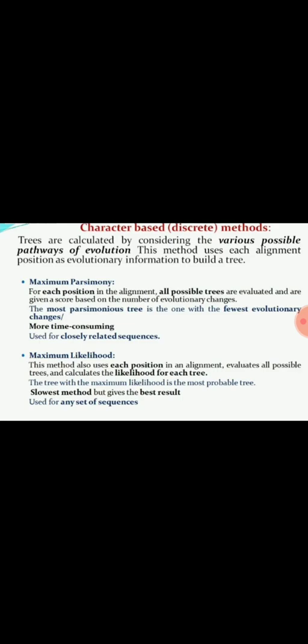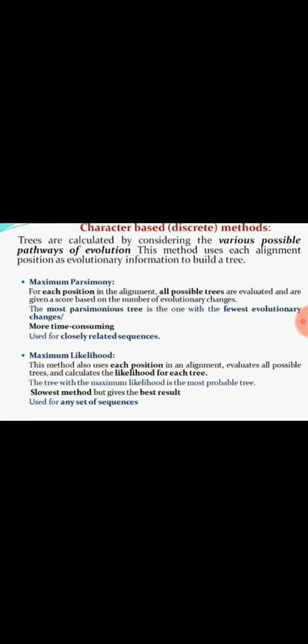Understood? Okay, this method is more time consuming and is used for closely related sequences only. Maximum likelihood means the maximum number of scores. In this method, each position in the alignment is evaluated for all possible trees and the likelihood is calculated for each tree.